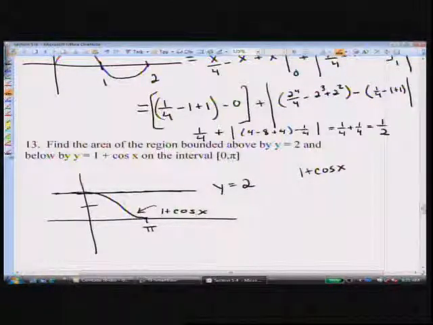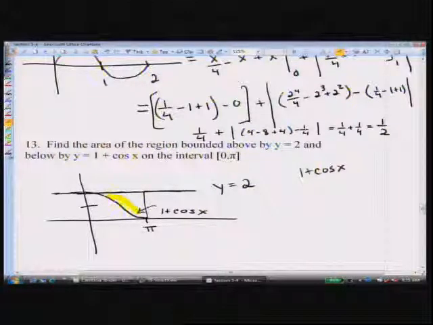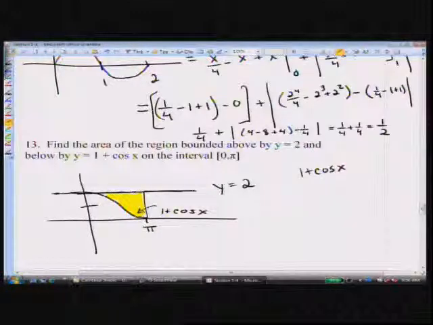Now, I want to find the area of the region bounded above by y equals 2 and below by 1 plus the cosine of x. So I actually want this area right here. See, if I had wanted this area, all I would have to ask for is the area under the curve 1 plus cosine x from 0 to pi.